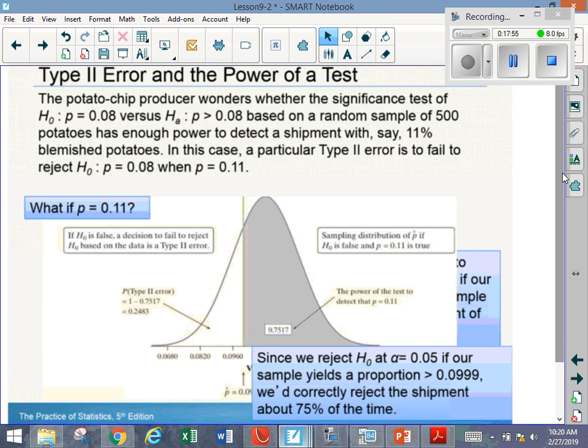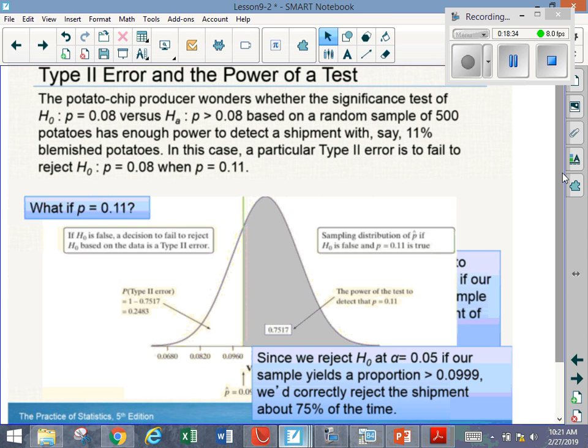So that's the power. It turns out that if you were to actually calculate an area there, or find some sort of probability, you would find that the probability of the proportion of blemished potatoes being greater than 0.08 is actually 0.75.